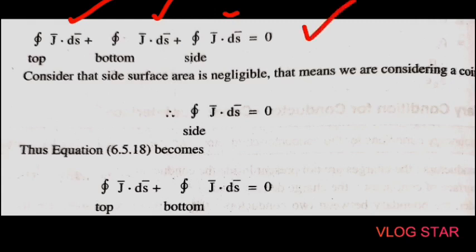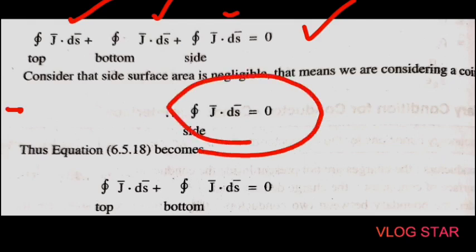Here consider that the side surface area is negligible. That means we are considering a coin shaped surface. For the coin we know that the side surface area is very small, so the side term of J bar ds bar becomes 0.